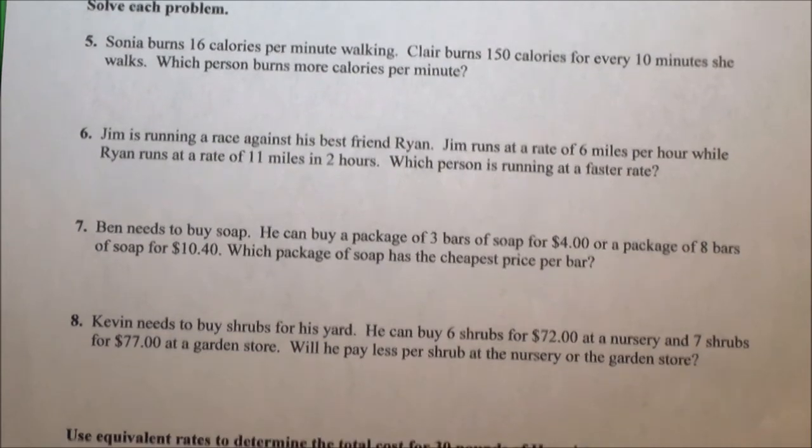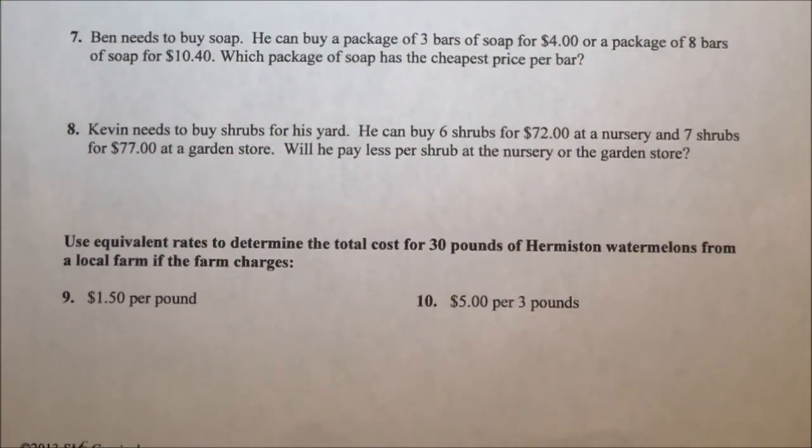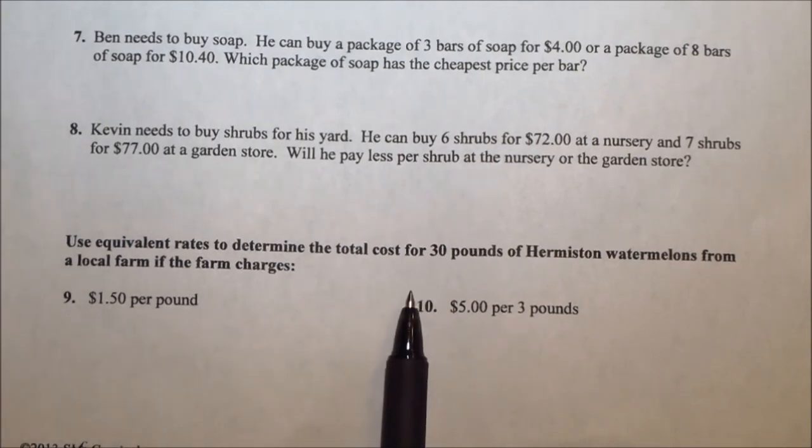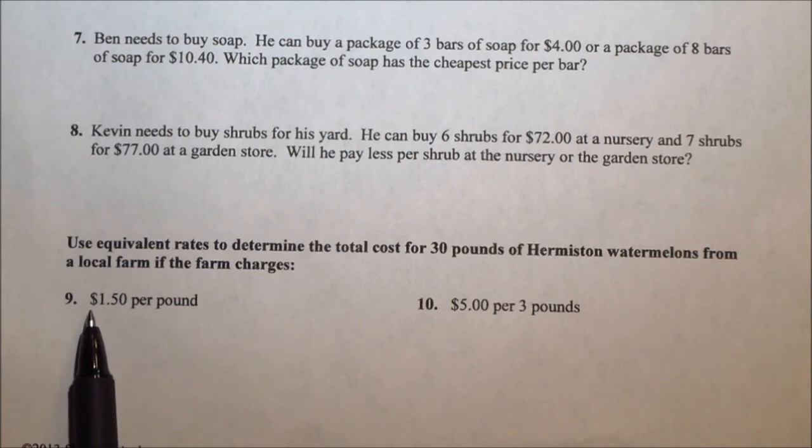Okay, and then this last problem down here, it's talking about use equivalent rates to determine the cost for 30 pounds of Hermiston watermelons from a local farm if the farm charges, and there's 2 different problems, okay? So equivalent rates. So you're going to first set it up with the rate here.